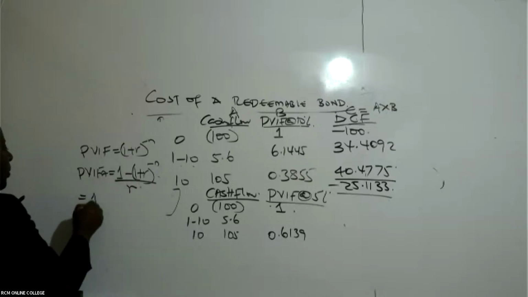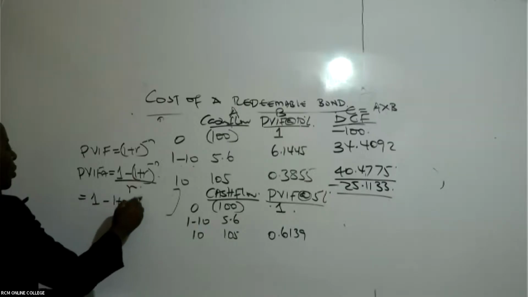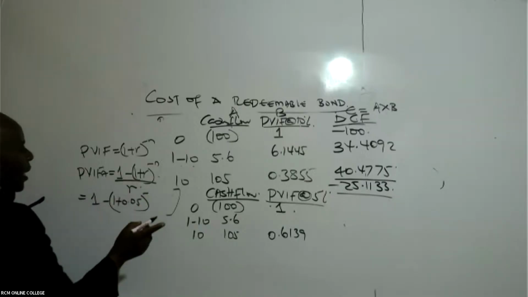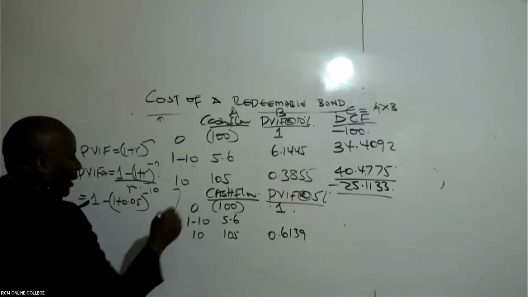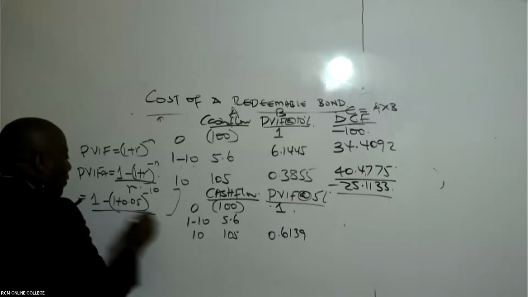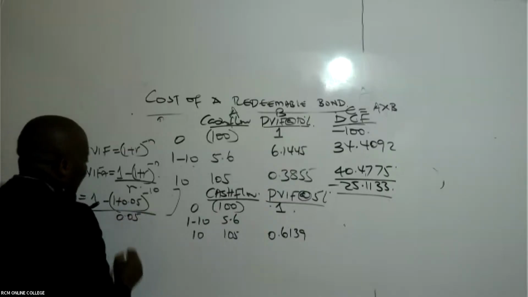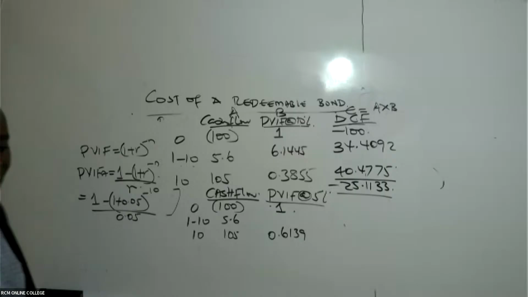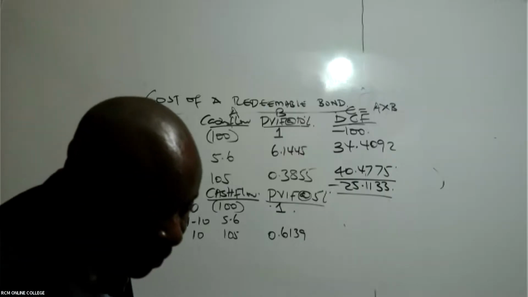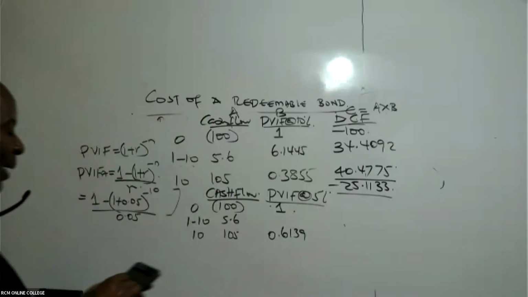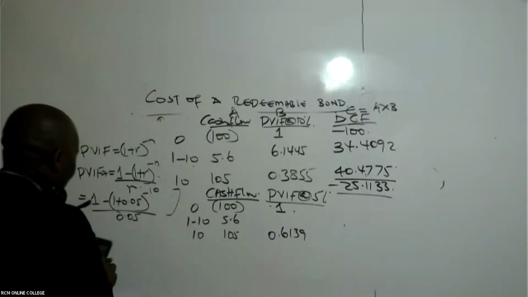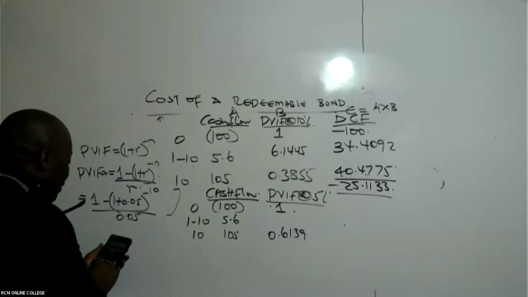So this will be 1 minus 1 plus 0.05 raised to negative n, where our n in this case is 10, because there are 10 years, all divided by 0.05. Please, all of us, including myself, I'm now taking my calculator. So it will be 1 minus 1.05 raised to -10.